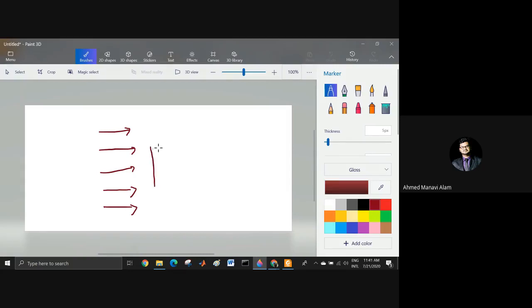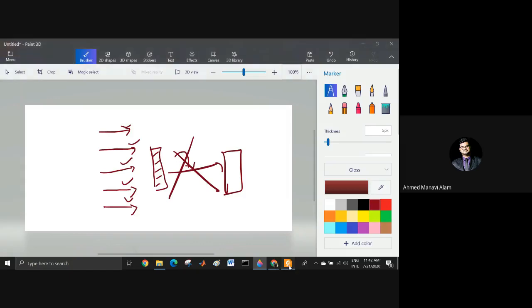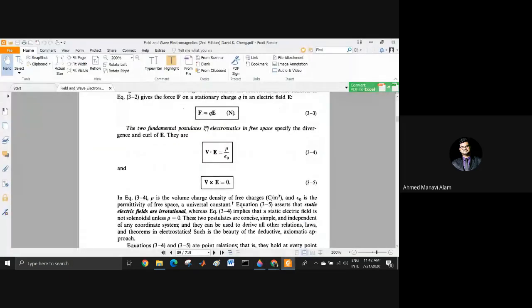If you put a stick here, as all of them are of the same magnitude, the stick will not rotate. The stick will keep moving along, but it will not rotate. As the stick is not rotating, the curl of an electric field is zero. That is what I am saying here.